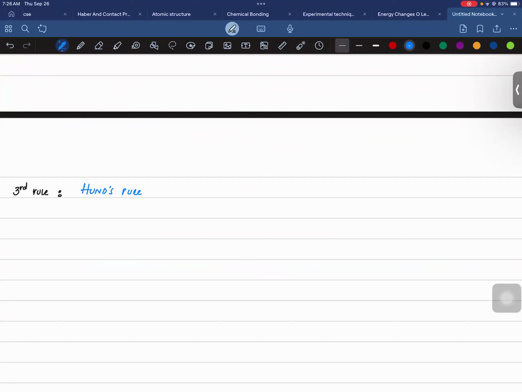This rule says that orbitals are filled singly first, and then doubled, and then paired up.